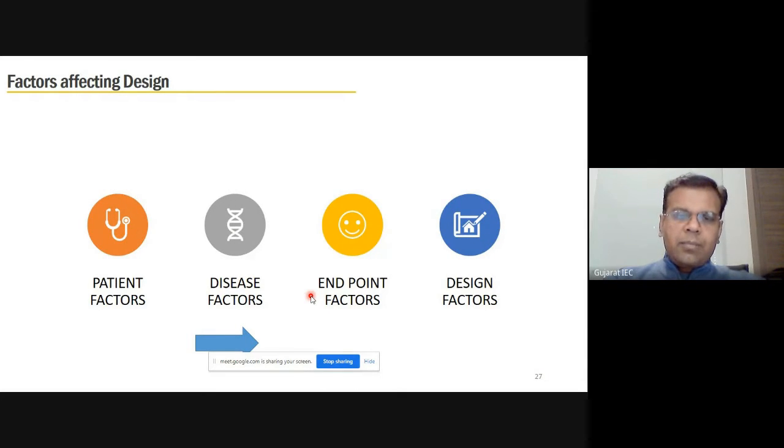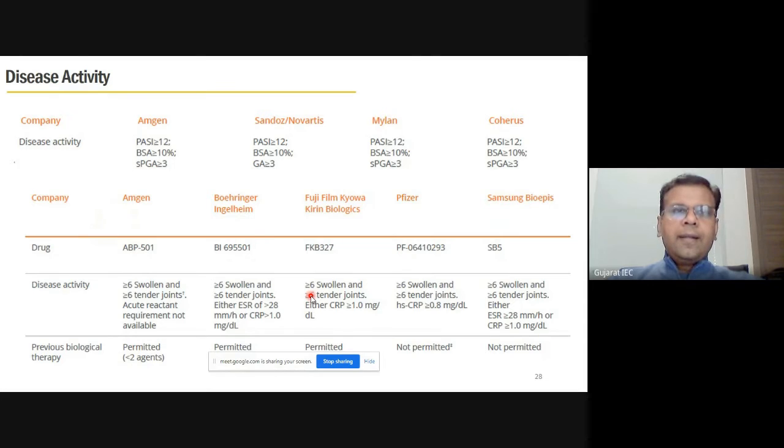So, as I mentioned, patients were one of the factors with respect to the study design. And the next, as we were seeing, is the disease activity. So, what is the amount of disease, or how severe is the disease?